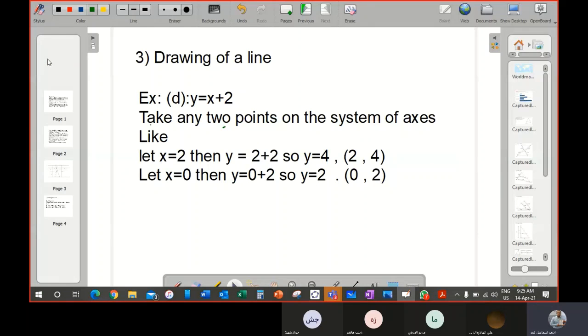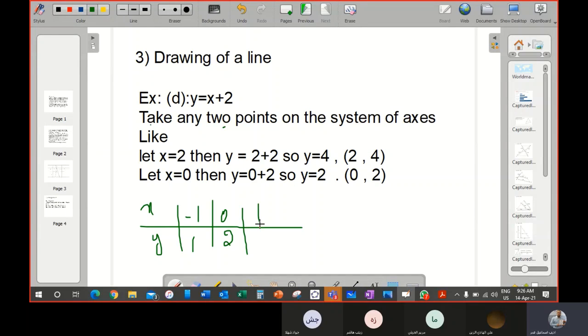Or, if I don't want to write them like that, I can put a small table like this, x and y, and we start assuming values. For example, for x equal -1, we substitute it here: -1 plus 2, y is 1. For x equals 0, I compute it in my mind, y is 2.